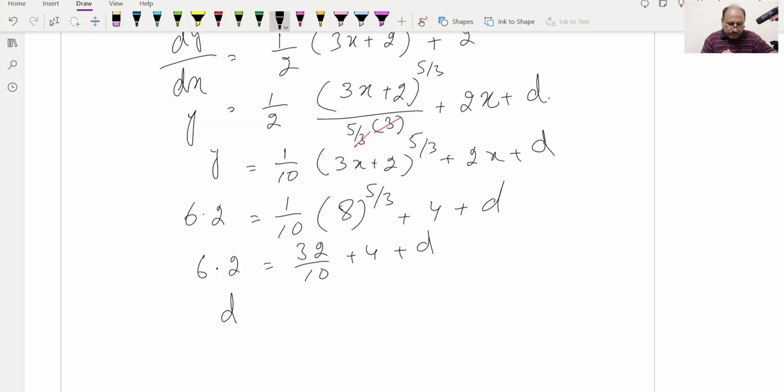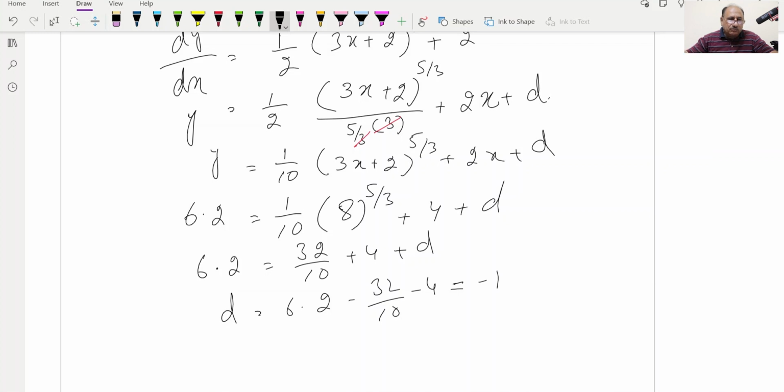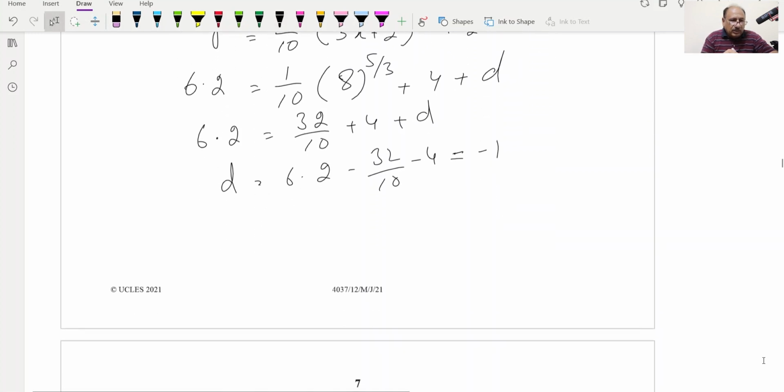So this implies d is equal to 6.2 minus 32 by 10 minus 4, and this will be 6.2 minus 32 over 10 minus 4, which is equal to minus 1. So d value is minus 1, which we can write over here, and that one we have basically done.